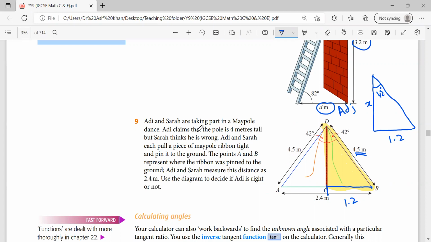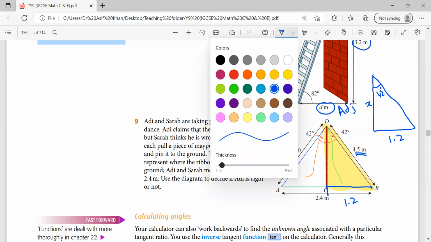Quick calculation. Sir, 1.33. Okay, what's your answer, Abdullah? I'm getting 15.47 for the angle. Angle or height? You asked for the angle. I asked for the height where I wrote x.